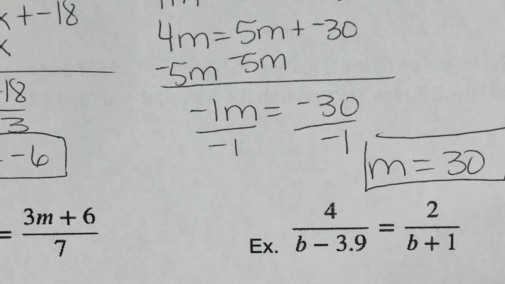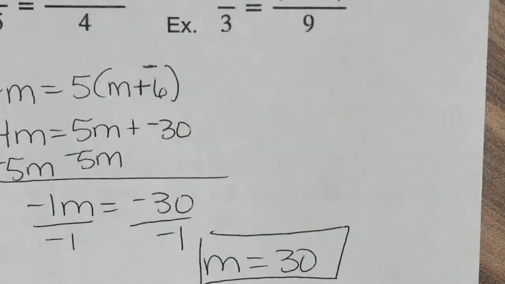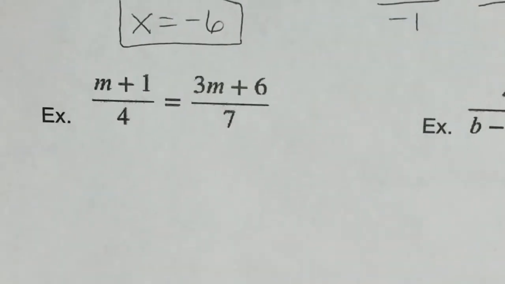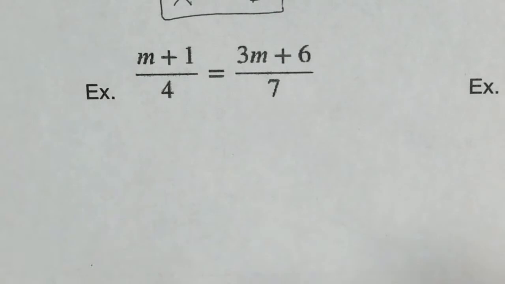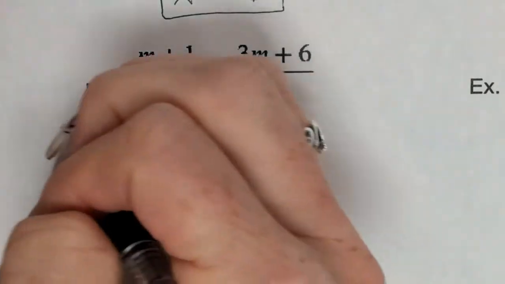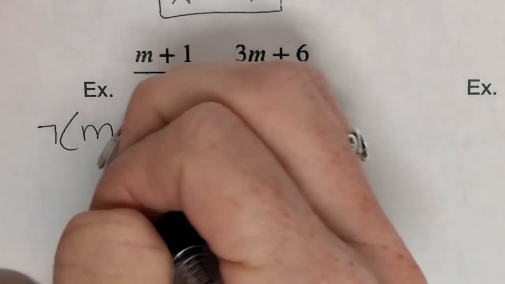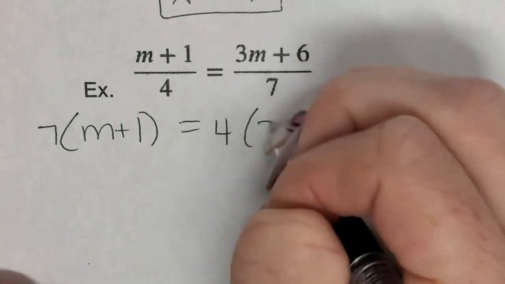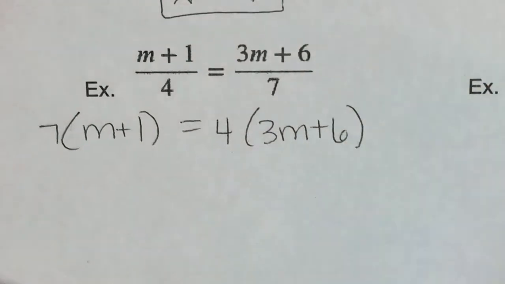Are we good? Let's skip this one, just because it's just like the others, and let's go to the bottom two. So what's different about these two? There's going to be parentheses on both sides of the equal sign. So I'm going to do 7 times m plus 1 equals 4 times 3m plus 6.